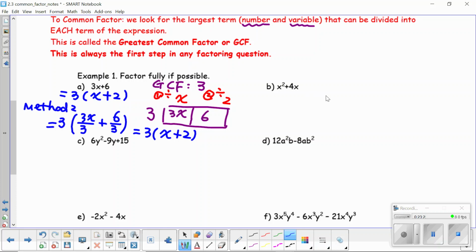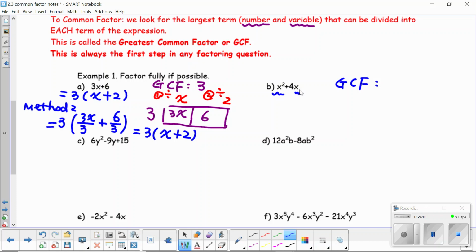Then we continue to do this one. The greatest common factor is, this is number 1, this is 4. 1 and 4, it doesn't have any number other than 1 that could go into them, so 1 we don't count as a common factor. For numbers, we don't have a common factor, but for the variables x squared and x, the greatest common factor for variables is the lowest degree for that variable.